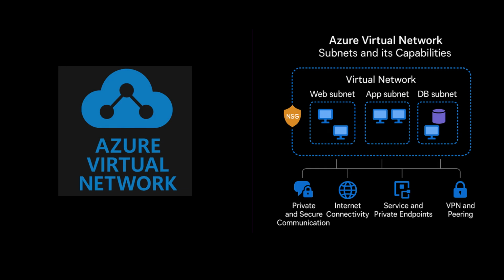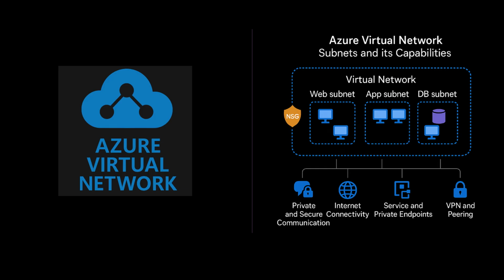You also have full control over how traffic flows within and between your networks. By using user-defined routes, you can steer traffic through specific paths, like routing all traffic through a firewall or a custom network appliance.